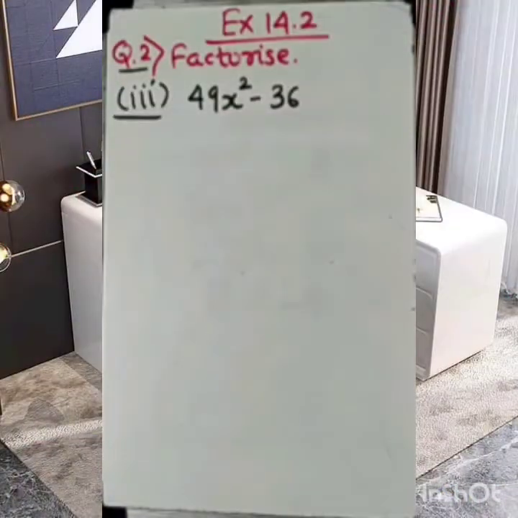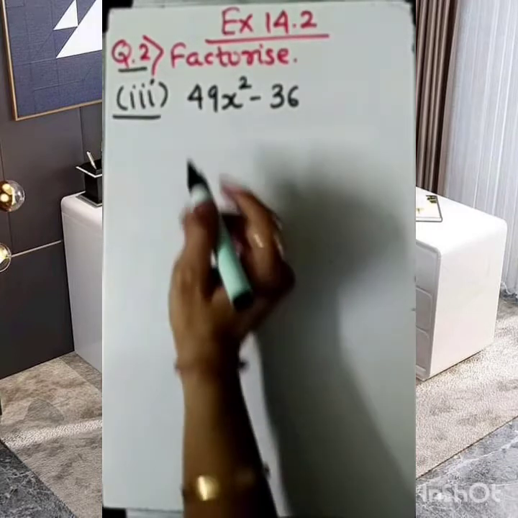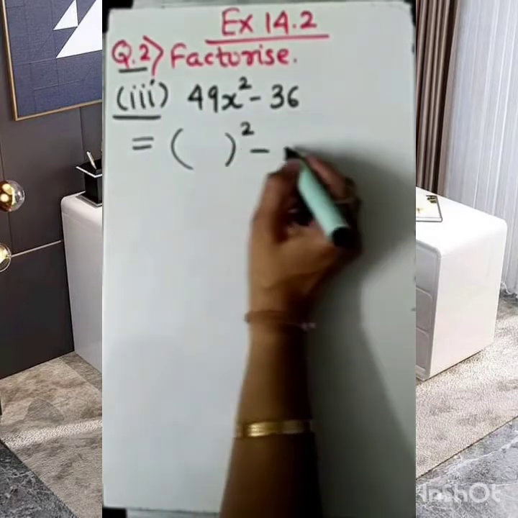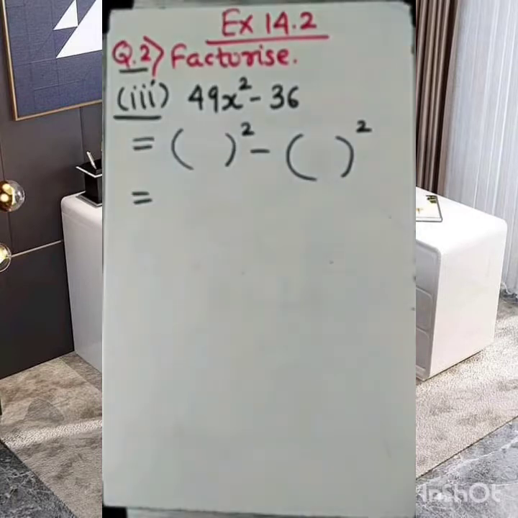Yes, student, third is 49x square minus 36. Now you can see here 49 is a perfect square, the perfect square of 7, and 36 is also a perfect square. So nothing is common between these two terms. So directly apply the third identity, a square minus b square. Now according to the question, what is a? a is the perfect square root of the first term.